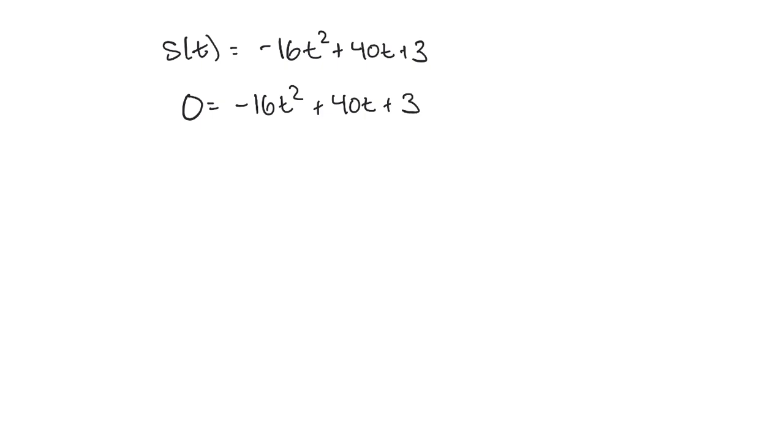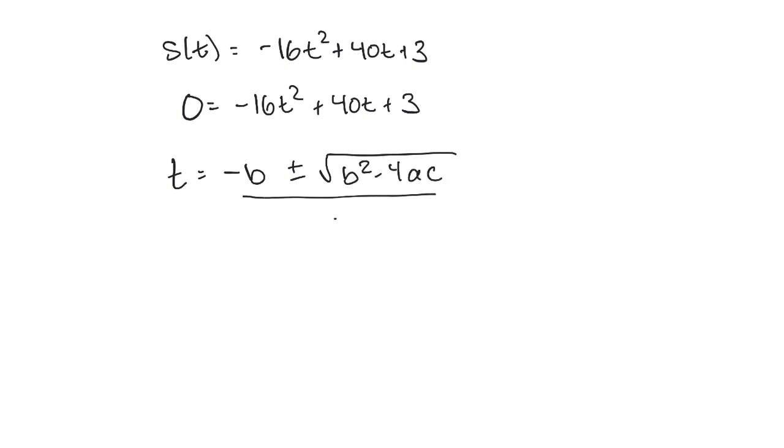But in order to solve this, we would use the quadratic formula. So t equals negative b plus or minus square root of b squared minus 4ac, all divided by 2a, if you remember that, and that's for a function in the form ax squared plus bx plus c equals 0. Now, of course, our variable is t in this situation.